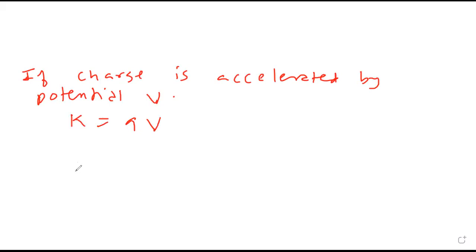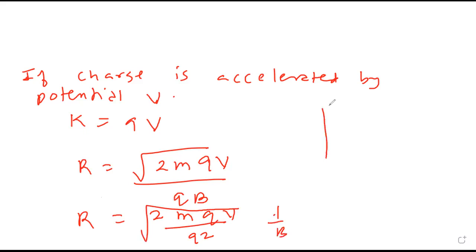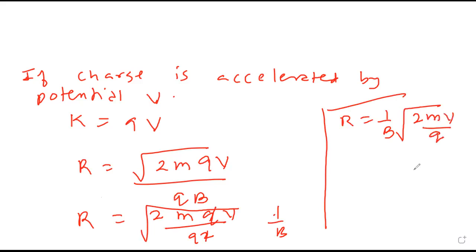So in that case, we can write radius R as root of 2m into kinetic energy QV upon Q into B. So if I take the charge inside, then I will get R equals root of 2m QV upon Q square, with B outside. So that is R equals 1 upon B, one Q will get cancelled, root of 2 times m V upon charge Q.